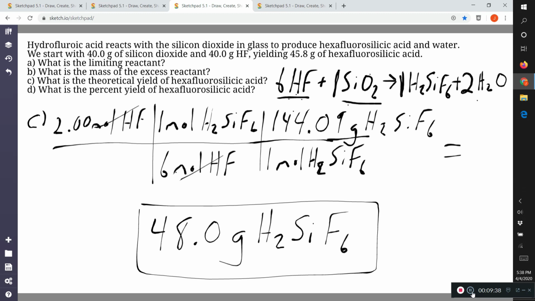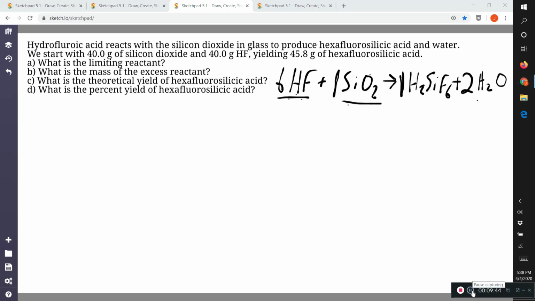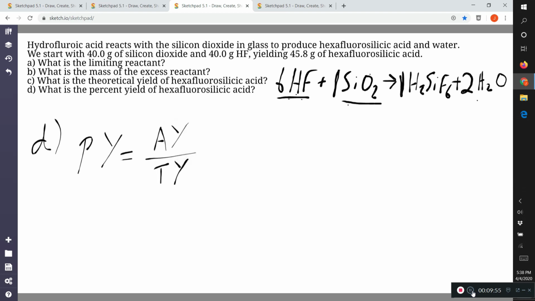So now we're going to calculate the percent yield as part D. Let me clear this. All right. So for part D, the formula for percent yield is actual yield divided by theoretical yield times 100. The actual yield according to the problem is 45.8 grams.